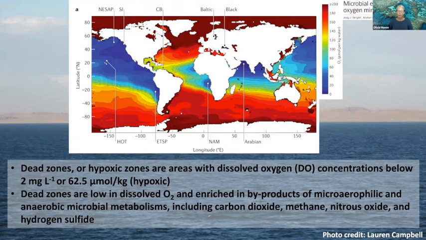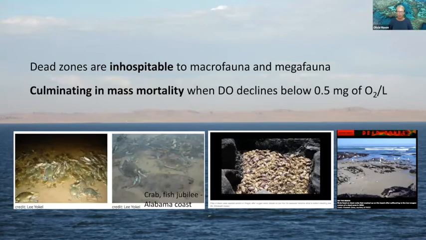So these are microaerophilic and anaerobic microbes that produce byproducts that include carbon dioxide, methane, nitrous oxide, and hydrogen sulfide. So they're not only low in dissolved oxygen, but they're enriched in these other chemical species.